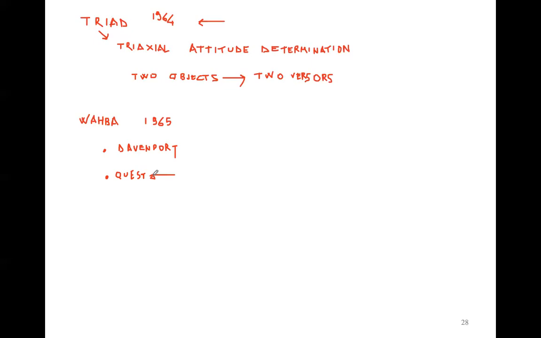So these two algorithms can be grouped in one family: the family of algorithms that requires observation at the same time. So if you have a star tracker, some sensors, indeed you can use those algorithms because you can process those observations at the same time. But if you need to use, for example, multiple observations with different integration time, these algorithms are not really well suited to do that.